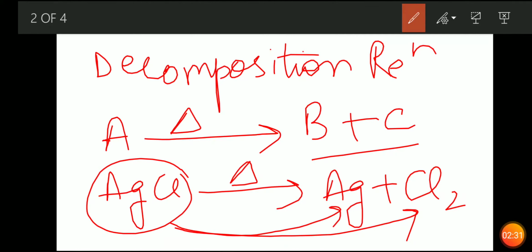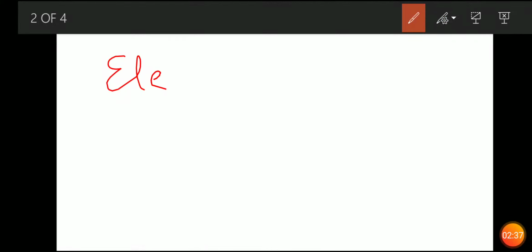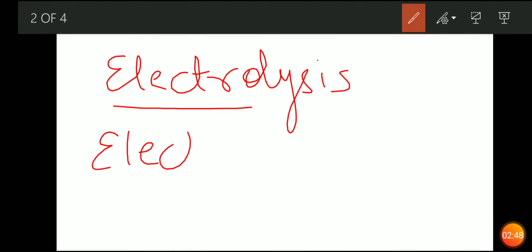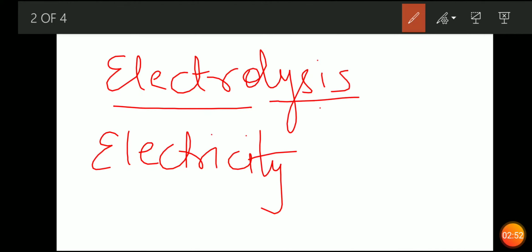Now, carrying on from this combination and decomposition reaction, we have one more topic, that is electrolysis. Now what does the word electrolysis mean? Electro is your electricity and lysis means breaking down.